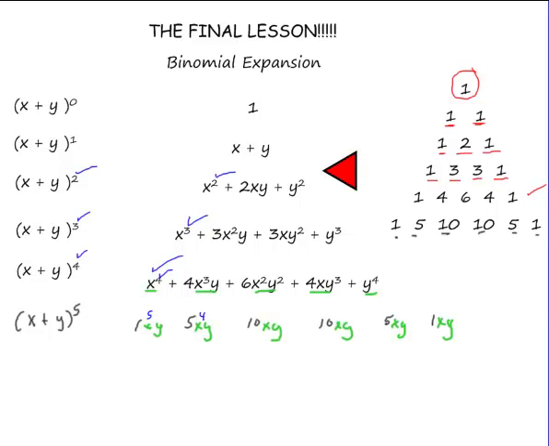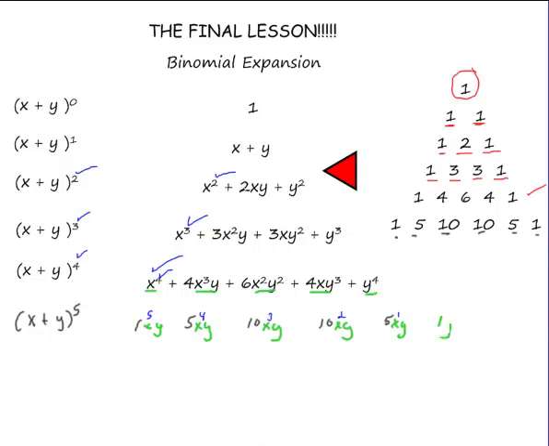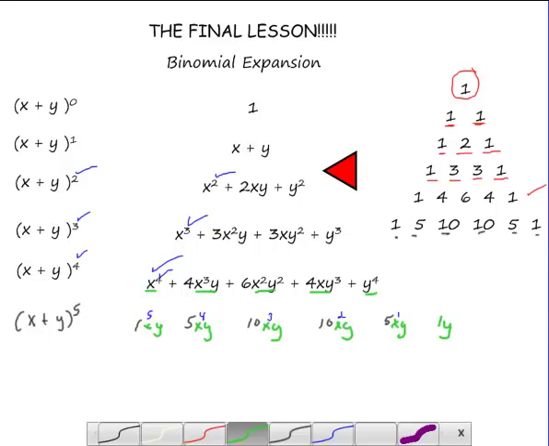Then this will be to the fourth. This will be to the third. This will be to the second. This will be to the first. This would be to the 0 power, but x to the 0 power is 1, so I can get rid of that. Now I'm going to do my y's.